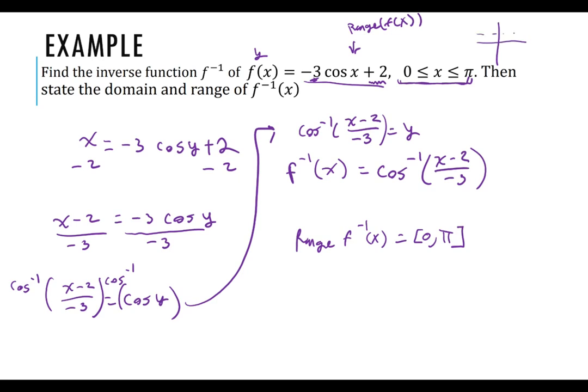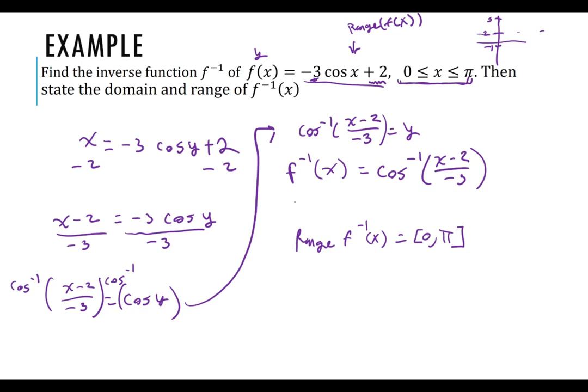And so, what does that actually look like? Well, this midline here is at 2, and then up 3 from 2 is 5, down 3 from 2 is negative 1, and so I'm not even going to sketch the graph, but I know that this is going to vary between negative 1 and 5.